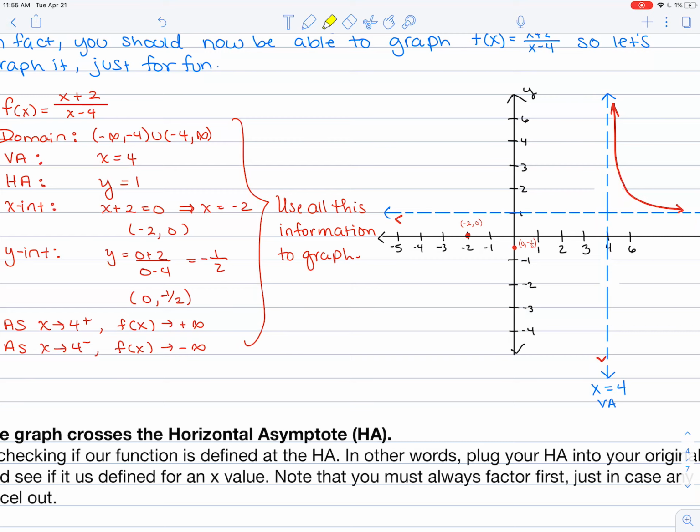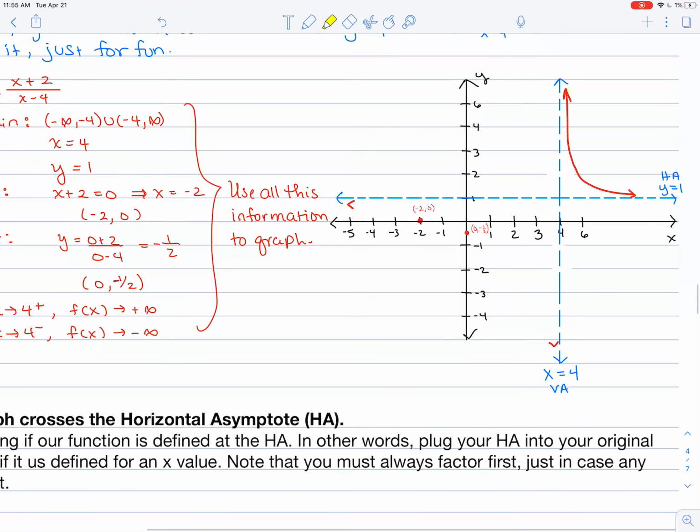Well, let's take a look at the one that I just drew here. What I'm going to look at is the behavior of my graph as x gets really close to 4. Now, on this side, x is approaching 4 from the right, right?